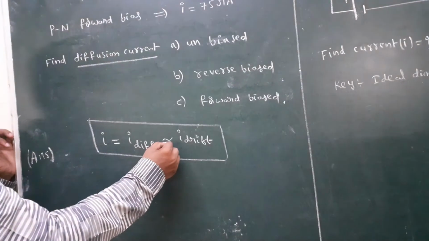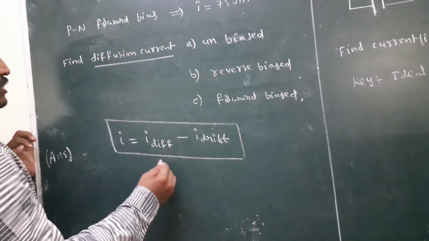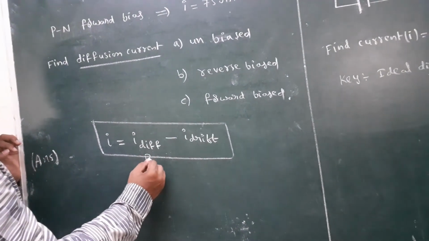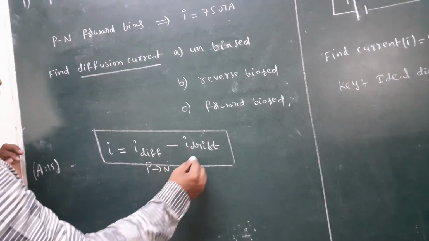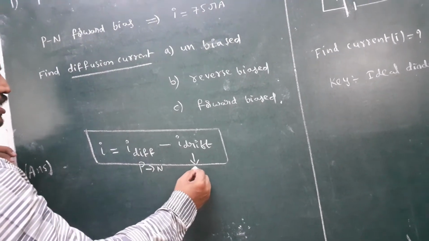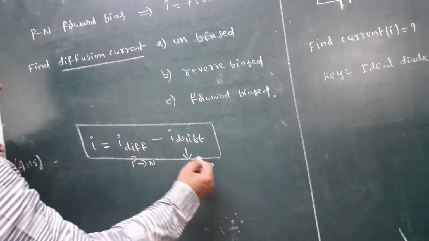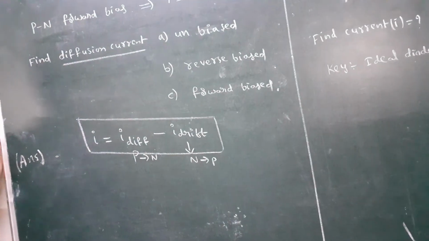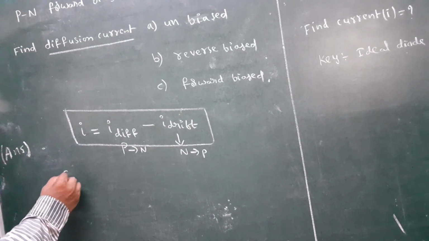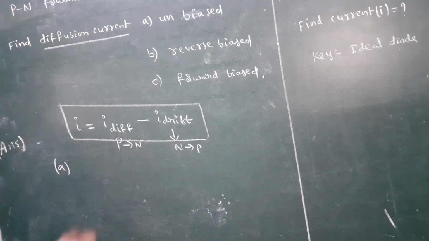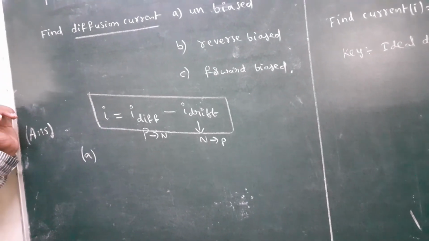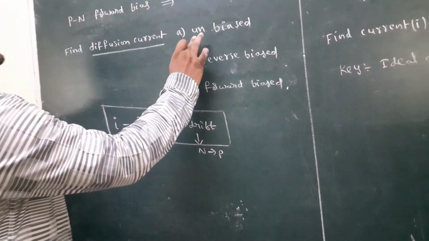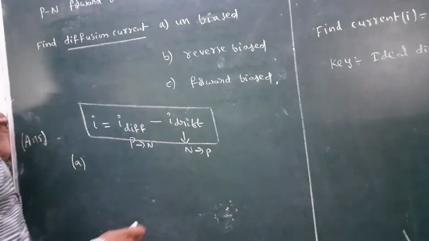Why minus here? Because the diffusion current direction is always P to N, and the drift current direction is always N to P. So here we write minus. Okay. In the first question I discussed, look here. What is the first question? Unbiased condition.